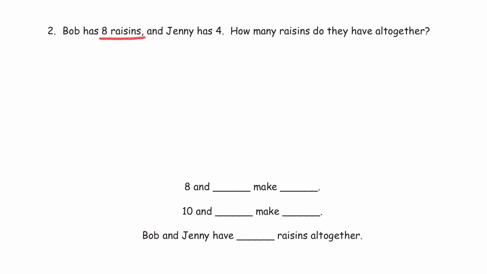Let's draw out his 8 dots first. 1, 2, 3, 4, 5, 6, 7, 8. Then let's draw out Jenny's. She has 4. 1, 2, 3, 4. All right, so here's my 8 raisins. Here are my 4 raisins.